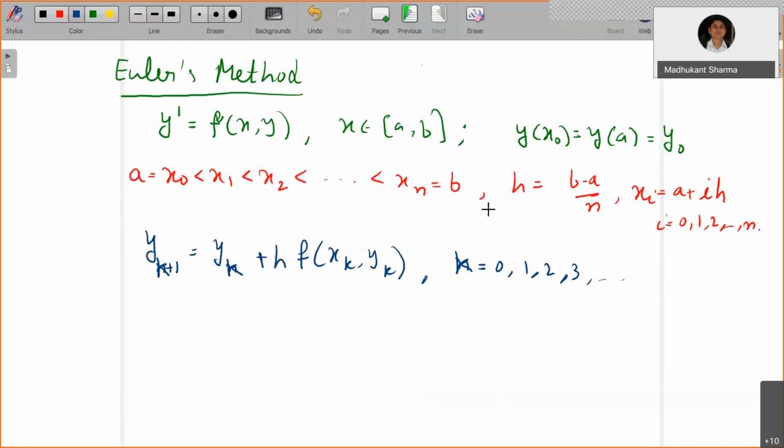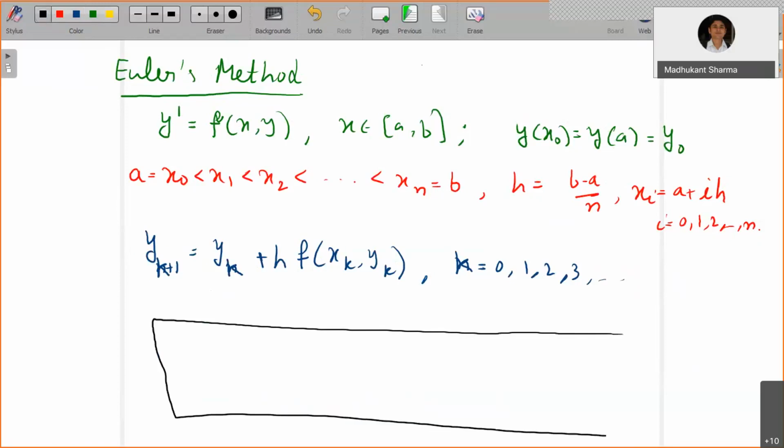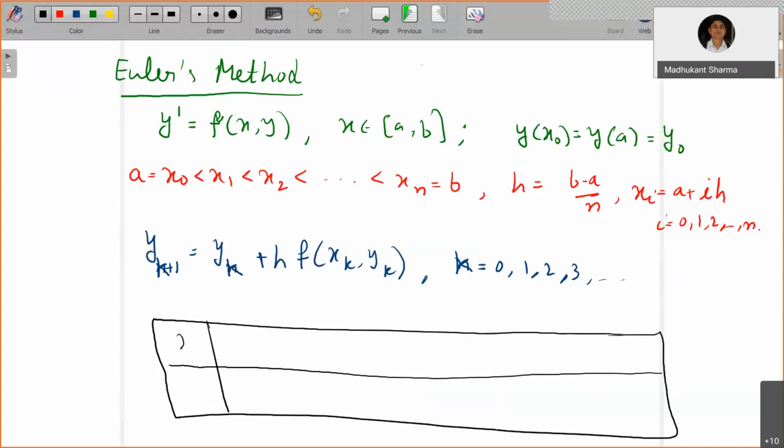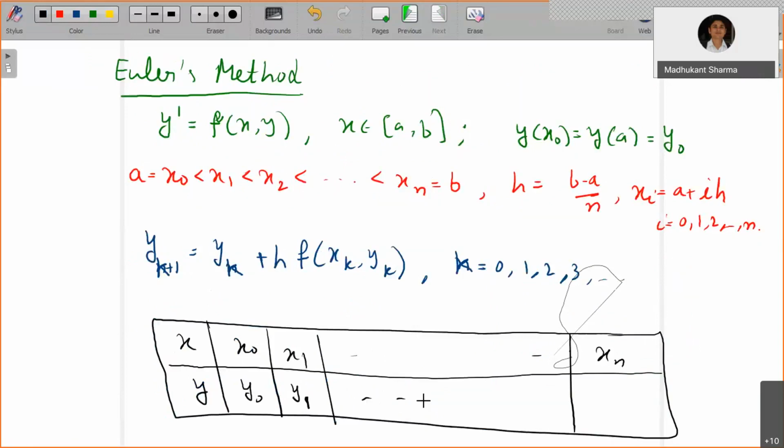So what can you do with this data now? You will have the approximated data: the corresponding data points x naught, x1, and so on, xn, and the corresponding approximated values of y: y naught, y1, and so on, yn.